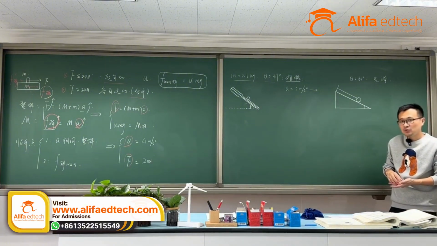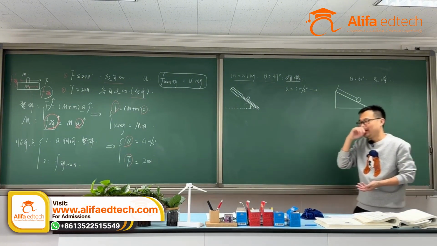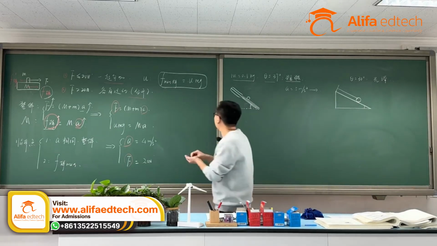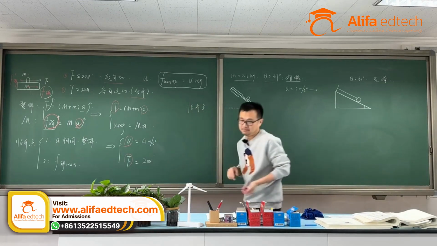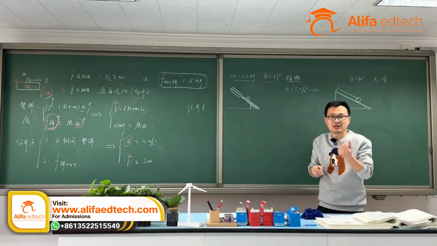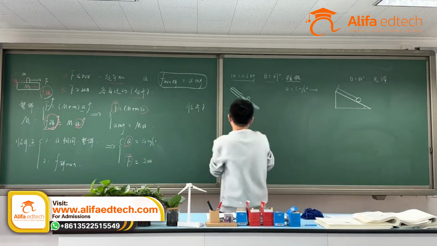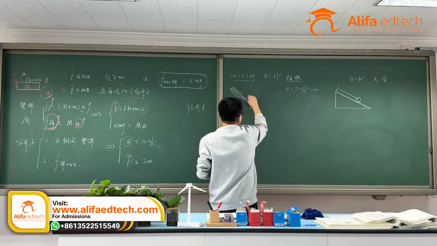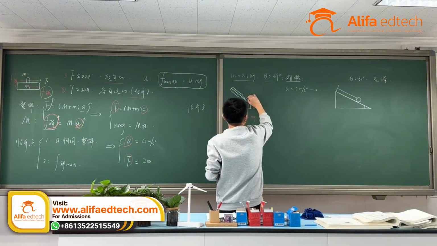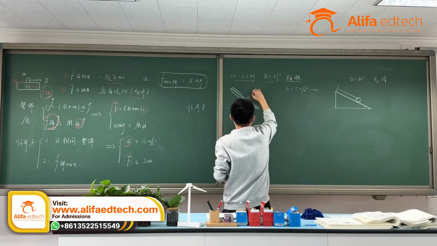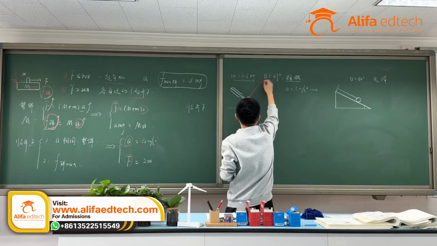Okay, now students, think about it. Can we find their critical point in this situation? The critical point. Let's do a force analysis. First, let's analyze the forces on the small ball. The small ball is definitely subject to a gravitational force. It is also subject to a vertically upward support force.